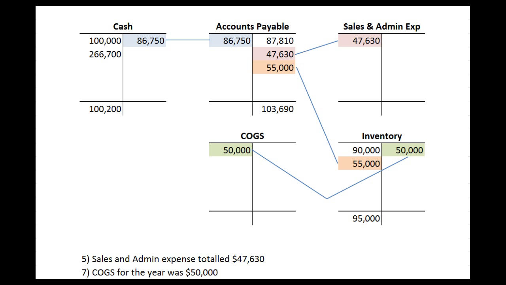Thank you. So we end up with $55,000 being the purchase. So debit inventory $55,000, credit accounts payable $55,000. Because that is us going out to the hardware store, assuming this is inventory from the hardware store, going out to whatever our suppliers are and getting $55,000 worth of inventory and including that on accounts payable.